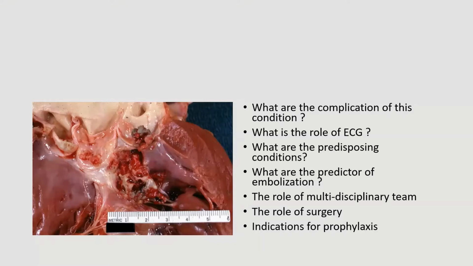And not only that, but they have restricted the conditions in which you need prophylaxis to only 4 or 5, which are congenital heart disease, prosthetic valve, metallic or bioprosthesis. Okay, and previous endocarditis.